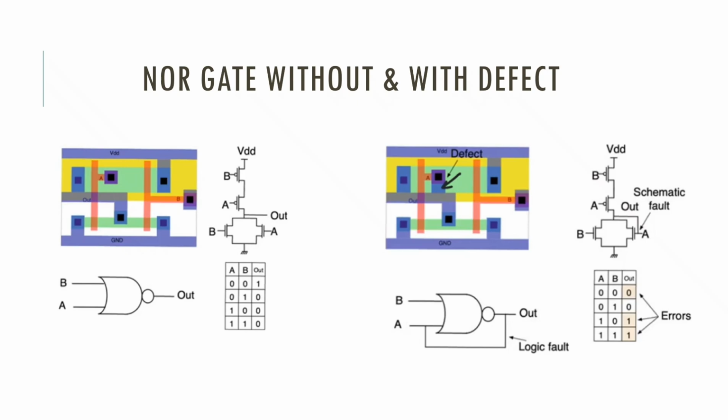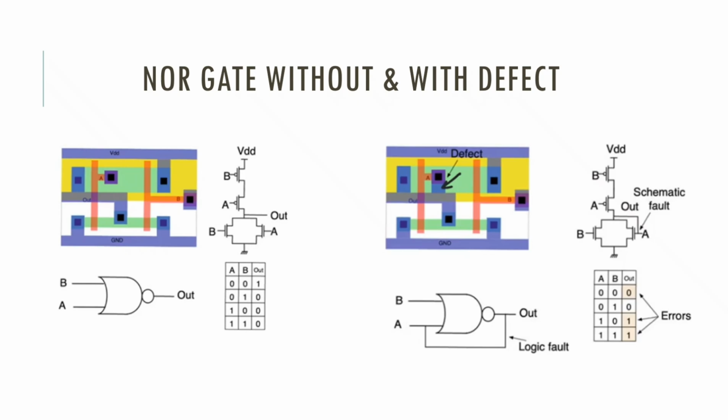Here, if we see one example for a NOR gate, we see a non-defective structure on the left-hand side, whereas the defective structure is on the right-hand side. In this structure there is a short between the output leg and the input leg, which is causing a fault for us.